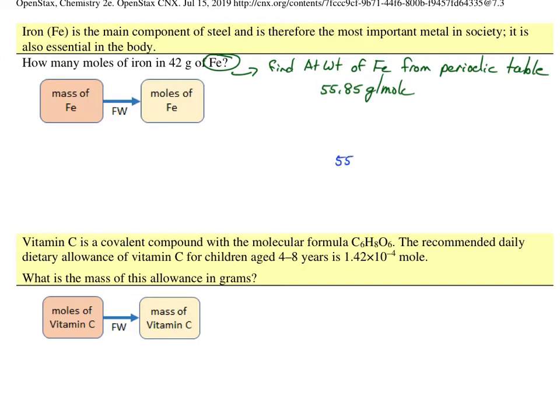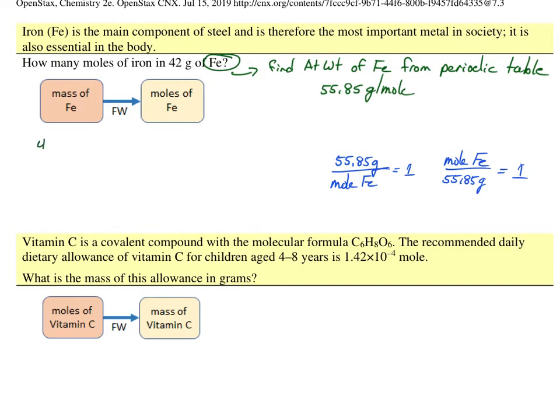We can write 55.85 grams is equivalent to a mole of iron, and a mole of iron is equivalent to 55.85 grams. To figure out which conversion factor we need, we go back to the statement of the question.